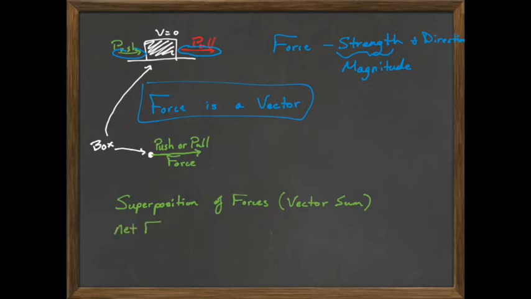It's called the net force. In mathematics, the term net means total. So it's a total of all the forces acting on the object. So if I've got multiple forces, say force 1, and then another force, say force 2, and then another force, say force 3, and so on.